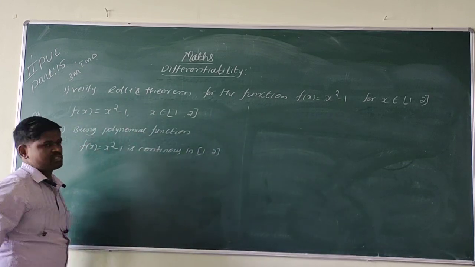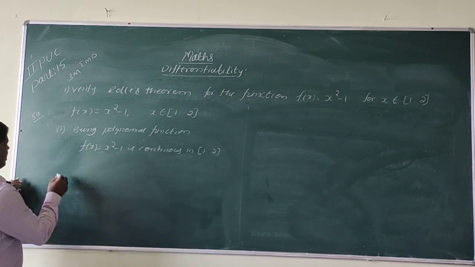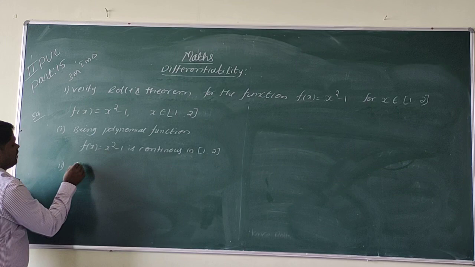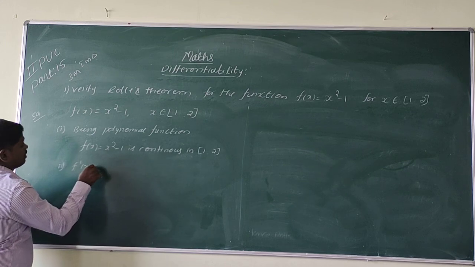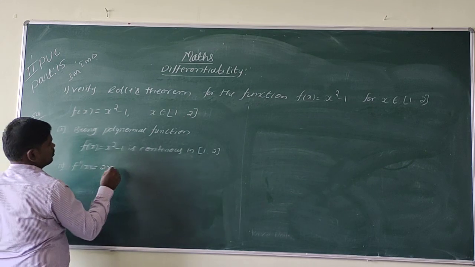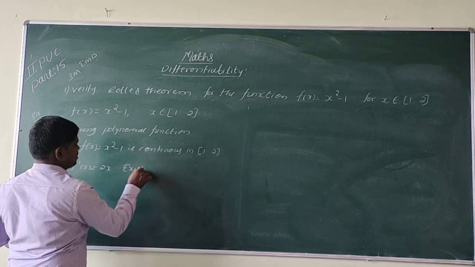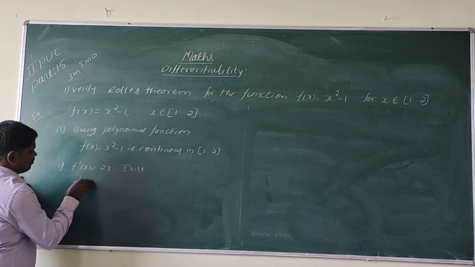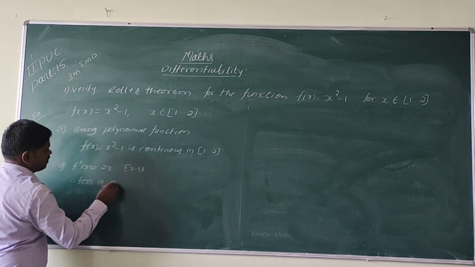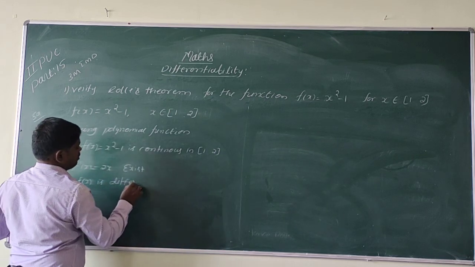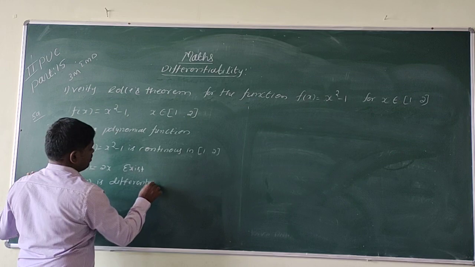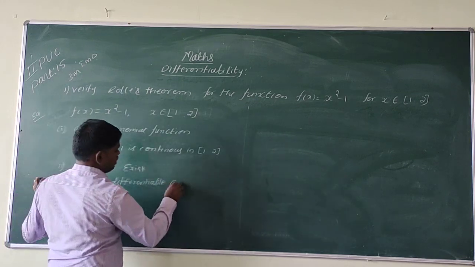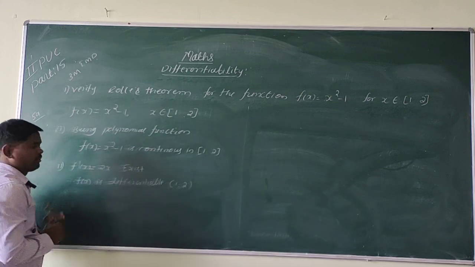So next, second condition. So f dash of x is equal to what? 2x. So it exists. Therefore f of x is differentiable. Okay. So it is continuous and it is differentiable.